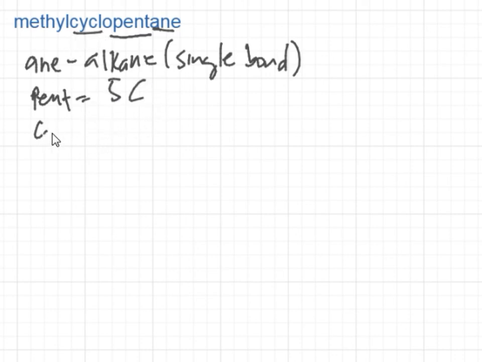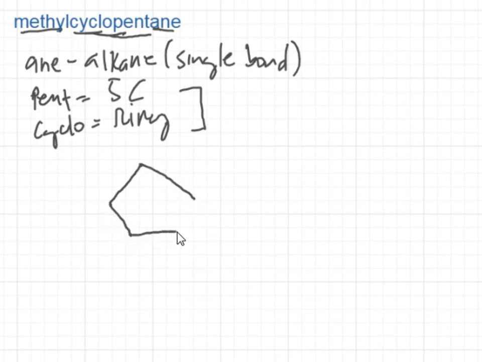And then the cyclo, right, tells us that it is in ring or arranged in ring. And then the methyl, of course, that is the substituent or the branch. Okay? Now, since walang nakalagay na number, assume natin, okay, na 1 ito, and it is placed in number 1 carbon. Right? So, these two, the pent and the cyclo, or the cyclopent, okay, should be represented by drawing a pentagon. So, how does it look like?